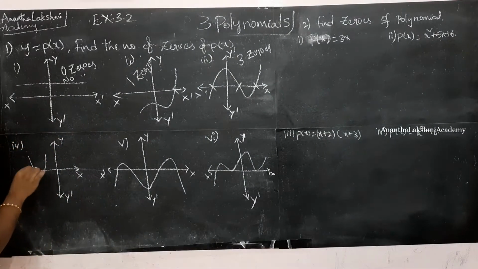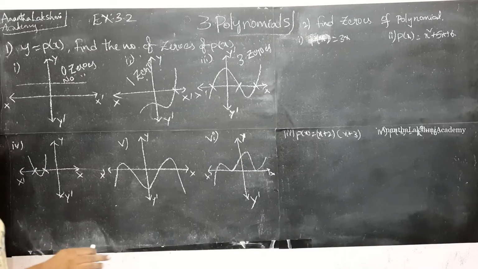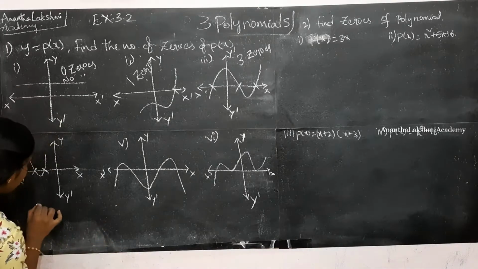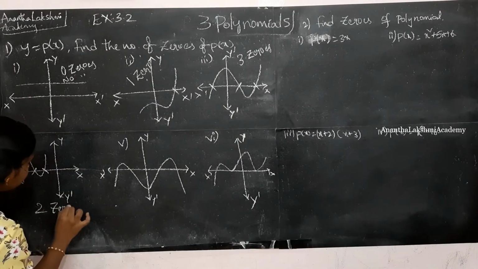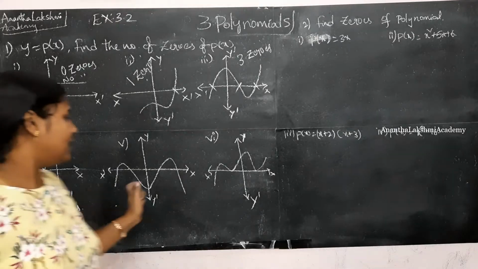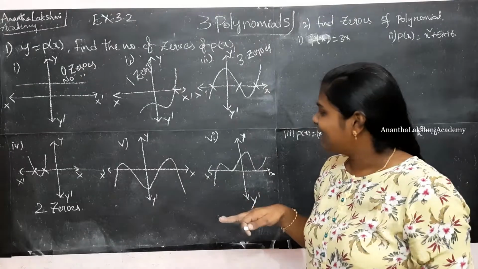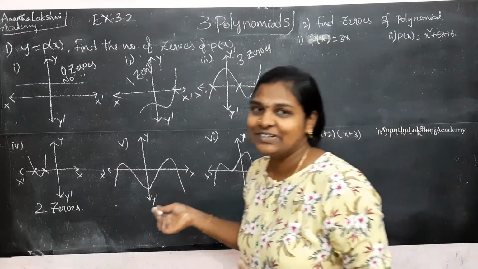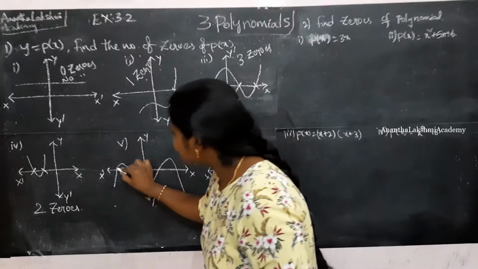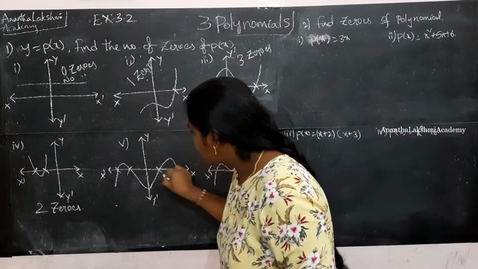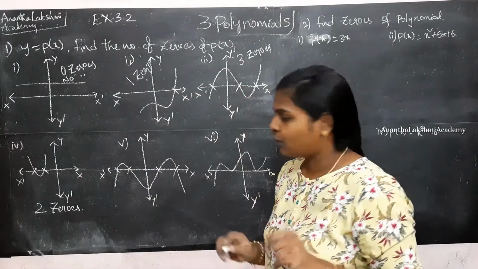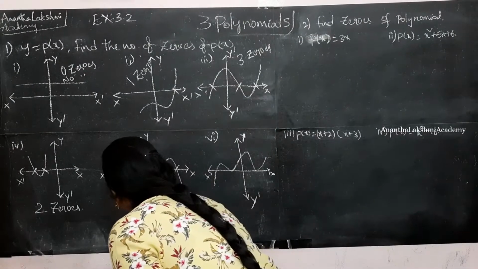Here the parabola is intersecting the x-axis at 2 points, hence this has 2 zeros. And when we jump into the fifth bit, this particular graph is like a sine curve or a cos curve. So this is intersecting the x-axis at 1, 2, 3 and 4 points. So this has 4 zeros.